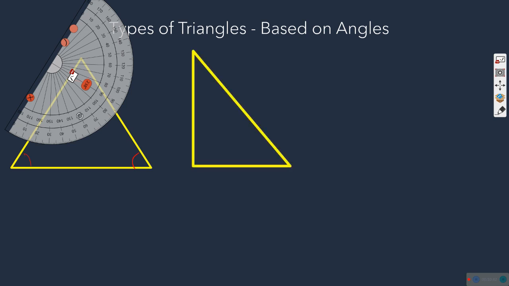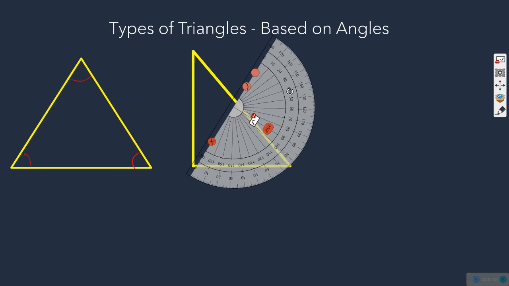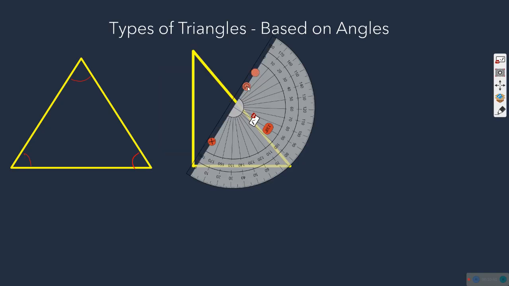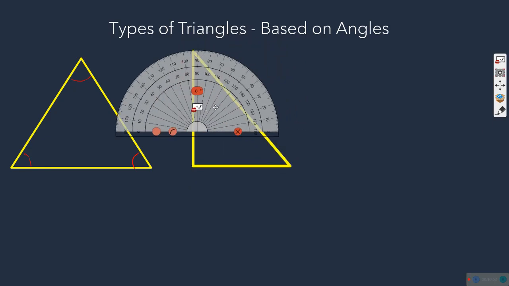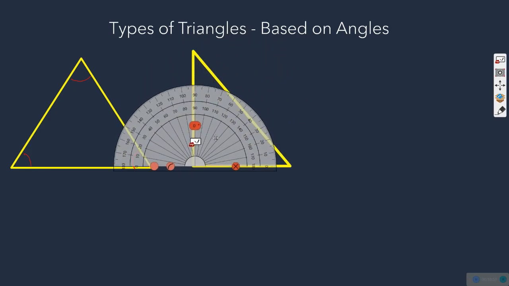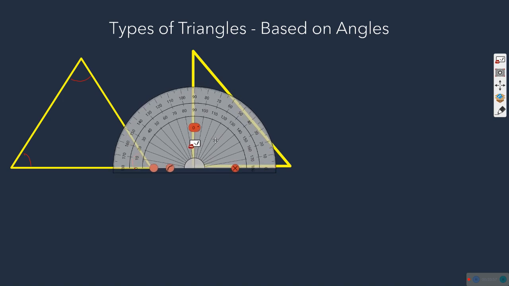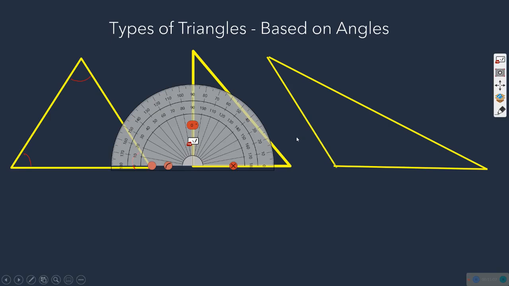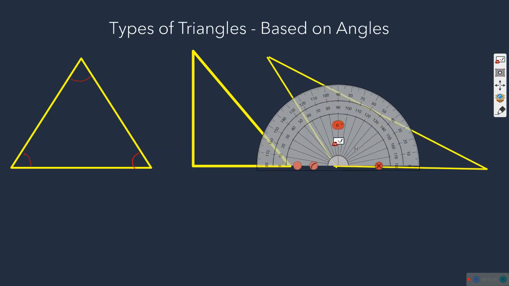This is a triangle having one of the angles 90 degree. Let us keep it here. This is 90 degree over here. We can see it's exactly 90 degree. One angle is 90 degree. Think about another kind of triangle where you have a measure here. What is it?